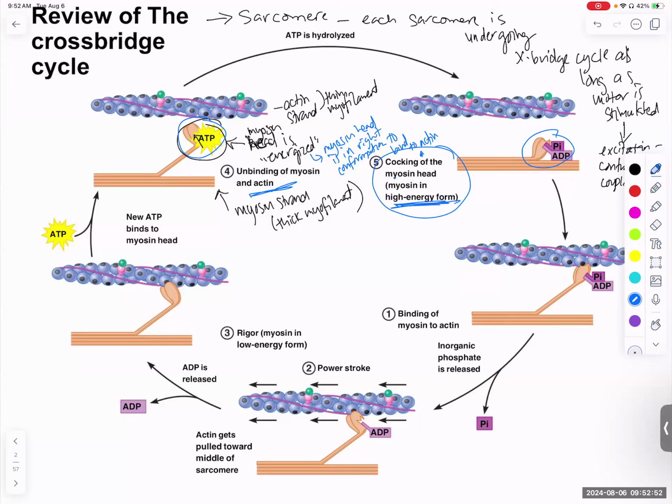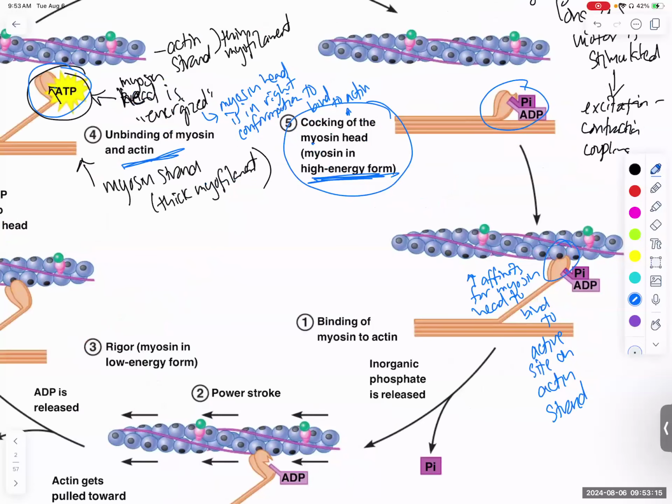When it's in the high energy form, it increases the affinity for the myosin head to bind to the active site on the actin strand. So it's going to reach across and it's going to bind here.